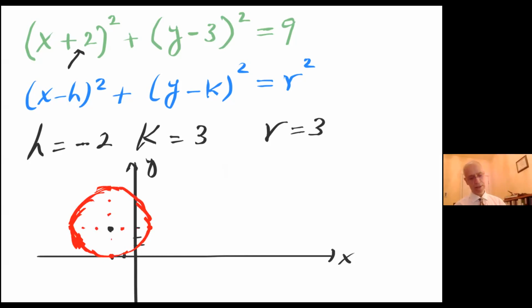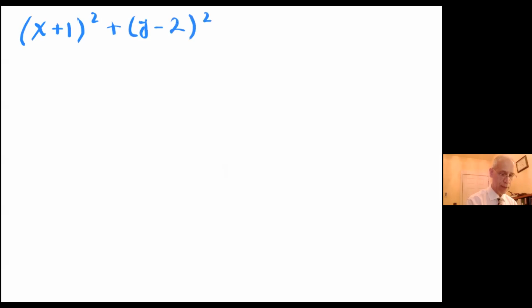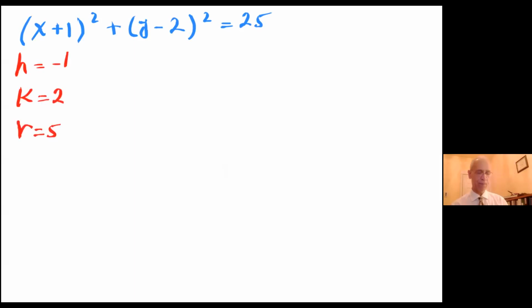Let's do one last one, and then I'll do one extra video for you. Suppose I have (x plus 1) to the second plus (y minus 2) to the second equals 25. I know h equals negative 1, k equals positive 2, and the radius equals 5.